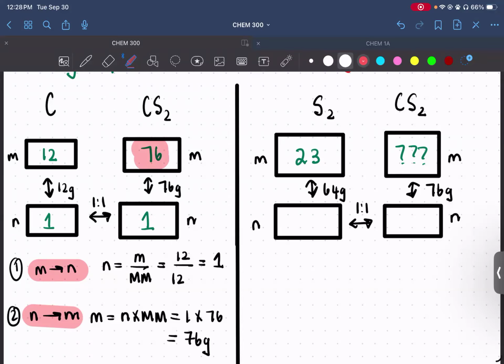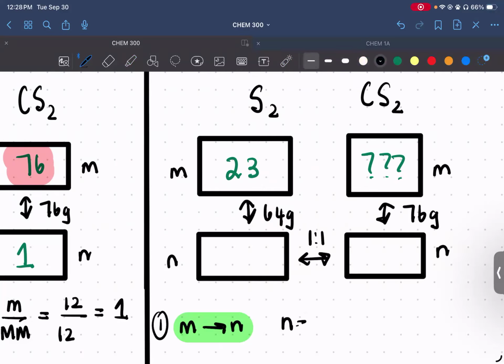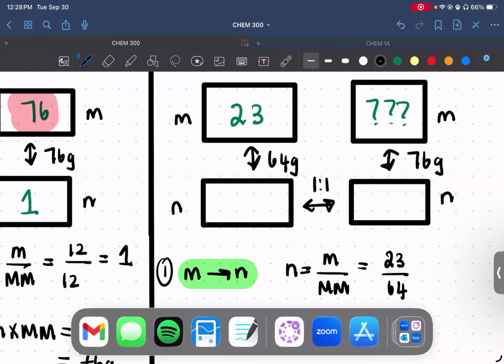That's one roadmap out of the way. Now we're going to do the one on the right. Process is the same. First thing we're going to do is mass to moles. Number of moles is equal to the mass divided by the molar mass. That's 23 divided by 64.